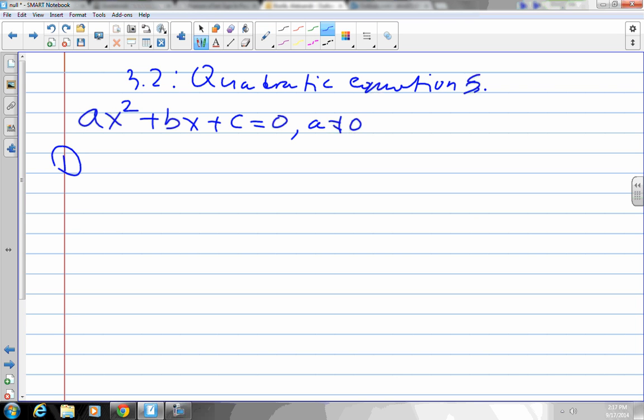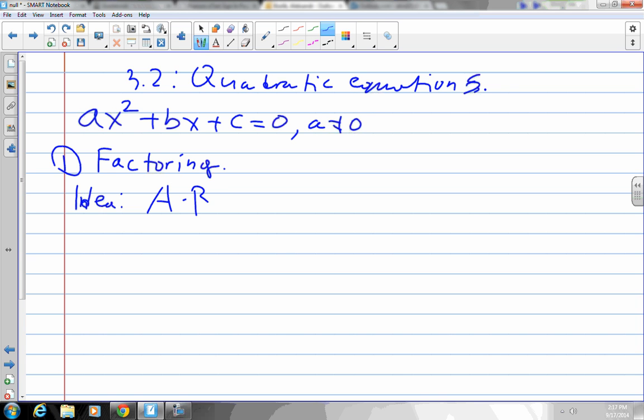So we're going to talk about 4 different ways of solving them, and one is by factoring. The idea behind solving quadratic equations by factoring is the following.